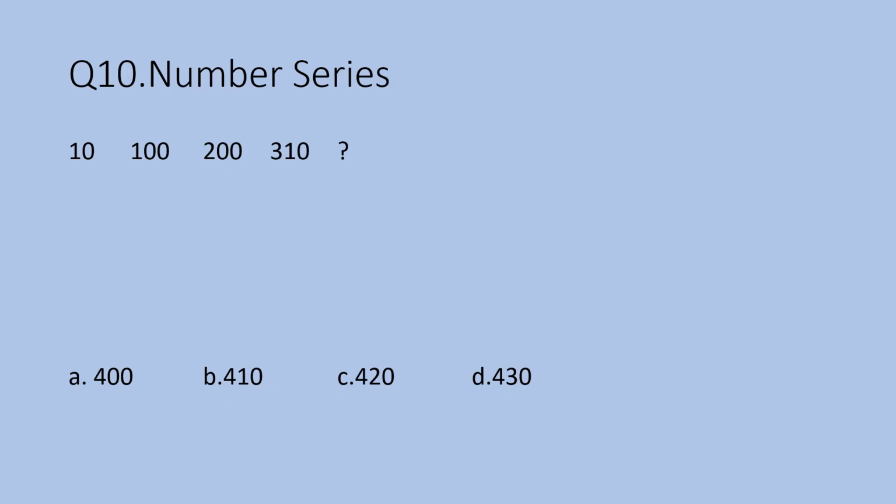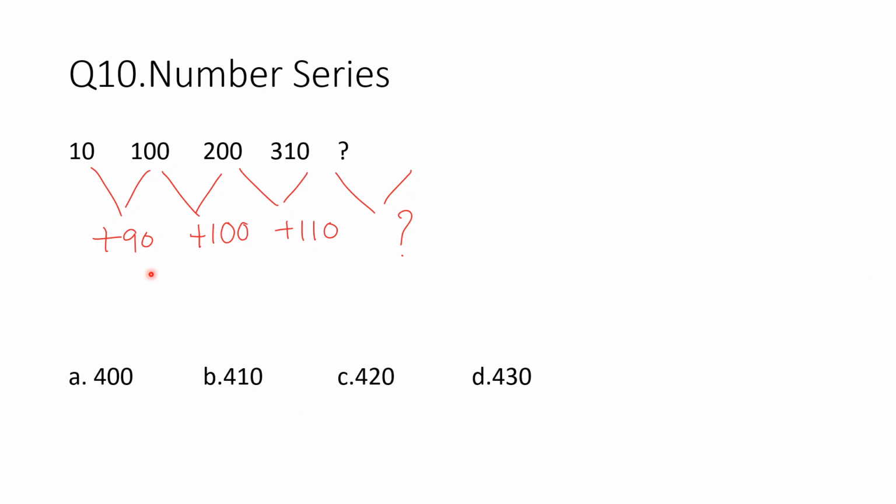Question number 10. If you see here 10, 100, 200, 310, again the series is increasing, so the obvious choice for us is to find the difference. Let's find the difference. Yes, so a difference of 90, a difference of 100, a difference of 110.